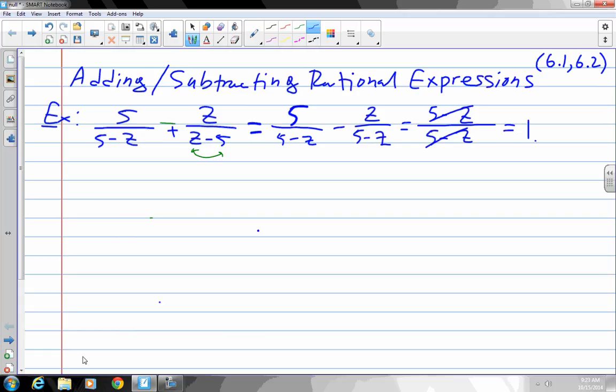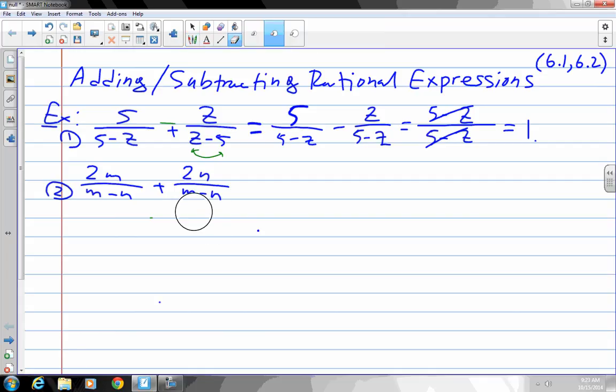So it's one of those little tricks that we talked about. Here's another case. 2m over m minus n plus 2n over n minus m. Go the other way. So what should I do here?